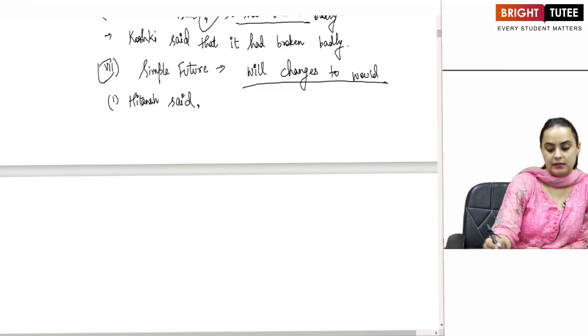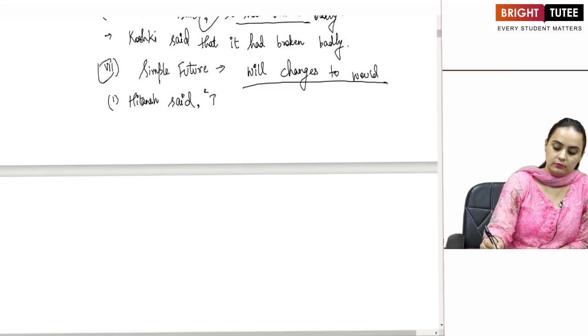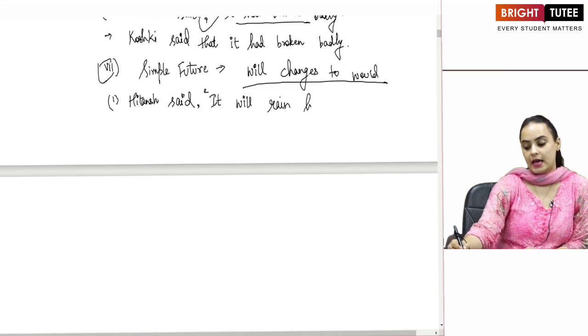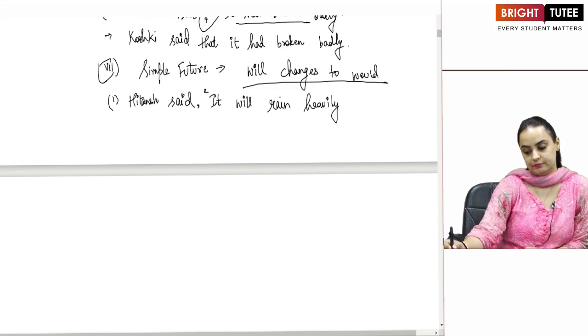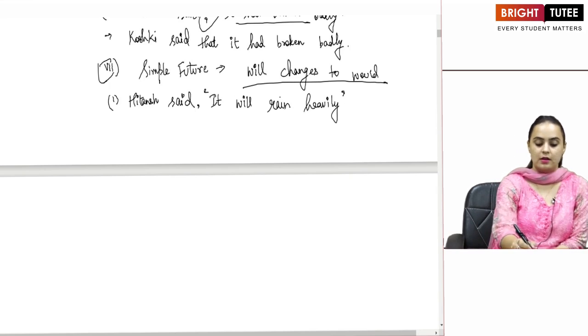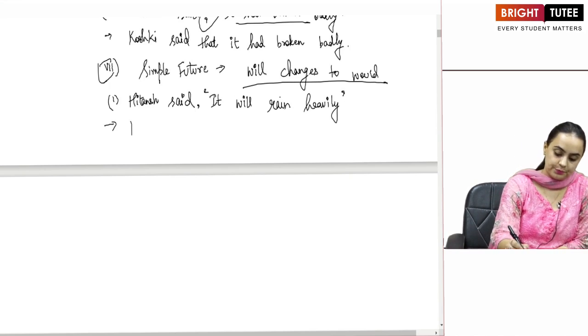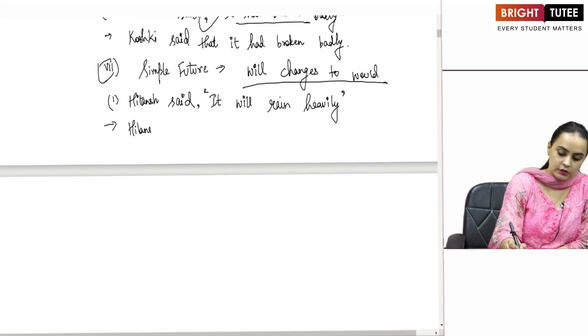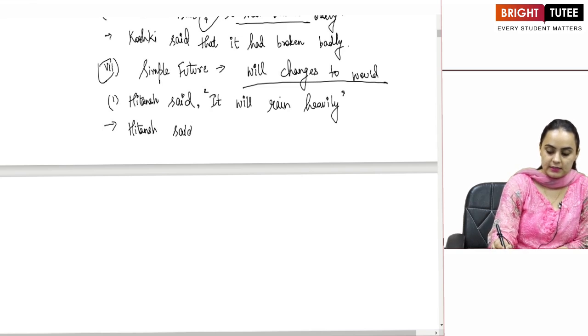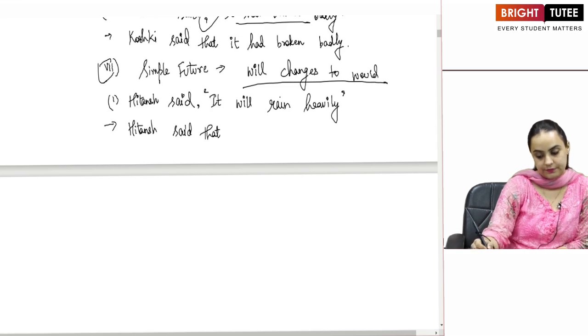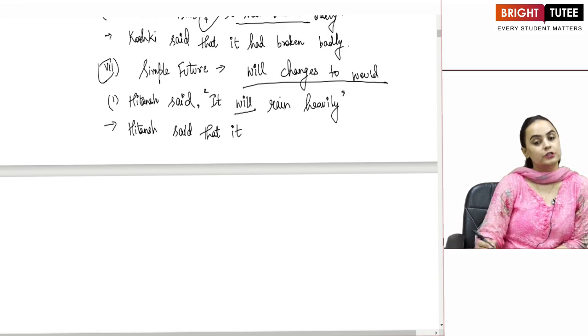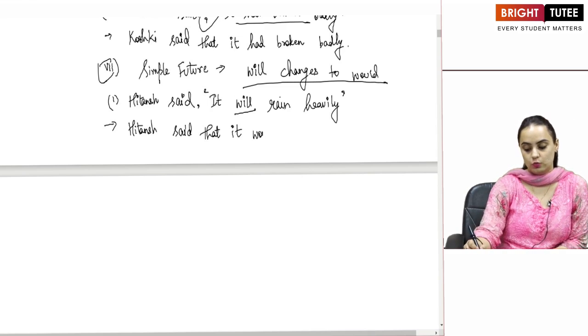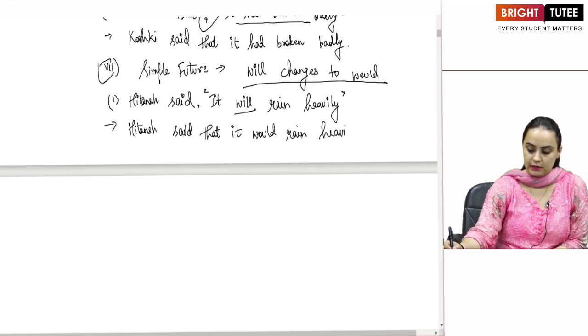Hitansh said, it will rain heavily. Okay, how will I change this? Hitansh said that it, like I told you, will changes to would. So it would rain heavily.